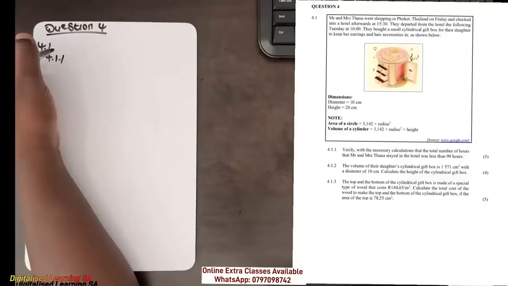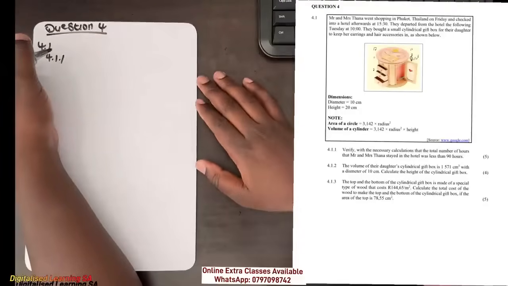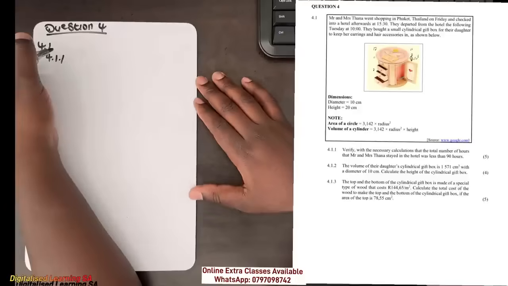So question 4.1.1 says that verify with the necessary calculations that the total number of hours that Mr. and Mrs. Turner stayed in the hotel was less than 90 hours.